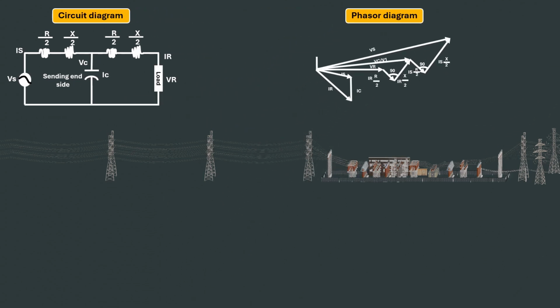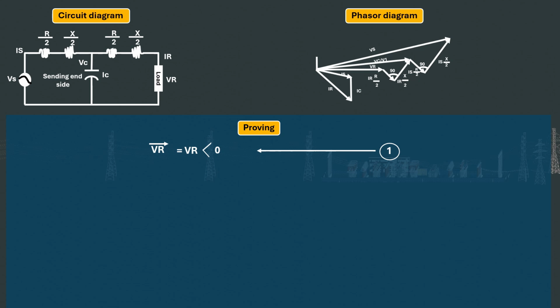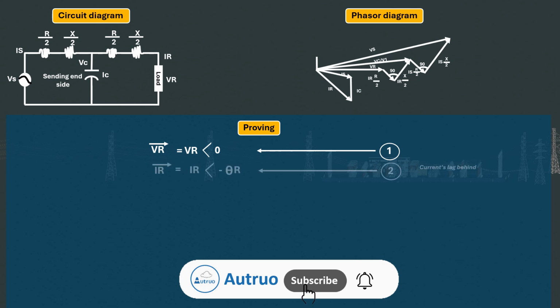So for equation 1, the receiving end voltage VR bar will equal VR at an angle of 0 degrees. Equation 1. The receiving end current IR bar is equal to IR at an angle of minus theta R, because the loads connected to transmission lines are usually inductive by nature, and that is equation 2.